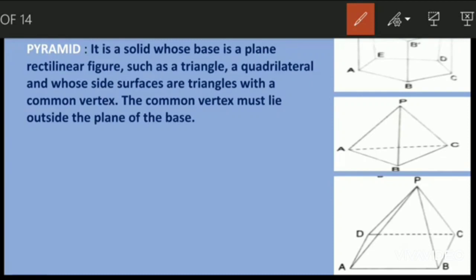Why a common vertex? Because this is the vertex, so these are triangular in shape and all are joining to the common vertex, that is P. The common vertex must lie outside the plane of the base.